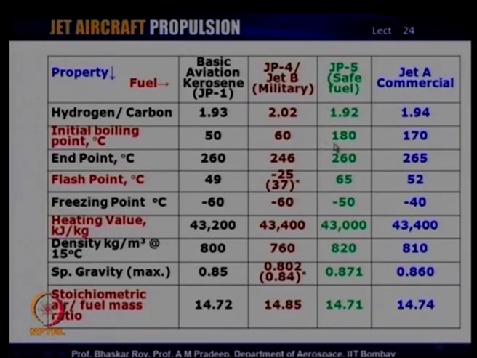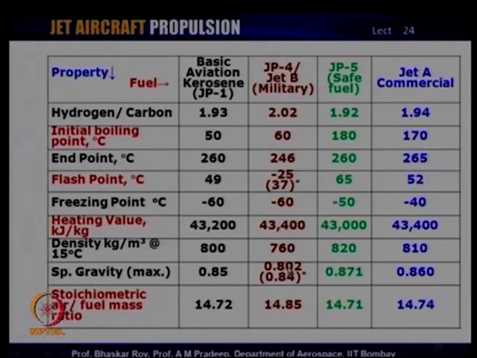So, one of the reasons is that it has a high initial boiling point, that means it does not catch flame very easily, and hence it is called a safe fuel, but some of the fuel used in military and commercial have slightly lower boiling points, and they of course have certain freezing points, and this is the heating value which you have used in your cycle calculation, and as you can see, the heating values are more or less constant for all the fuels that are used.